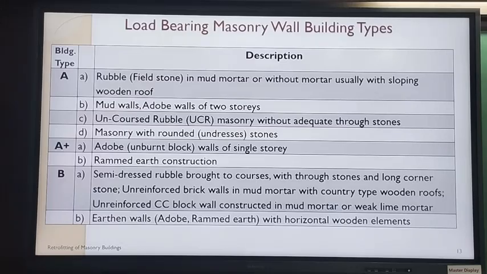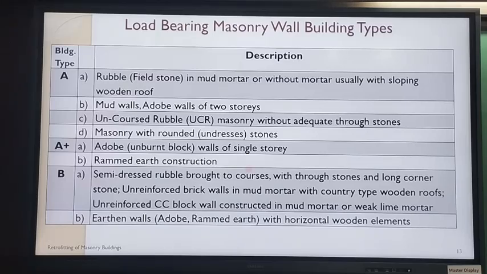There are building types A, B, C, and D. Random rubble wall in mud mortar or without mortar, sometimes called dry rubble masonry, with a sloping wooden roof, falls in A. Mud walls and adobe walls of two stories also fall in A. So all these very basic masonry walls and mud walls fall in category A. Those are the most vulnerable buildings. Then we move a little bit higher: adobe walls of single story, not two stories, and rammed construction. Apparently these perform a little bit better.